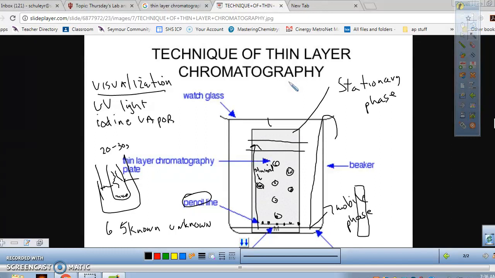The spotting of the chemicals takes longer than anything else. And you just sit around and you wait. My suggestion is, while we call it developing, as it's moving up, we call it let it develop.